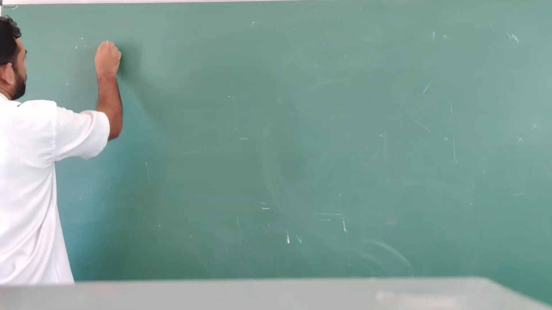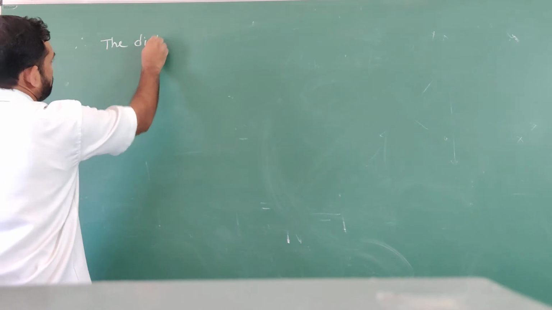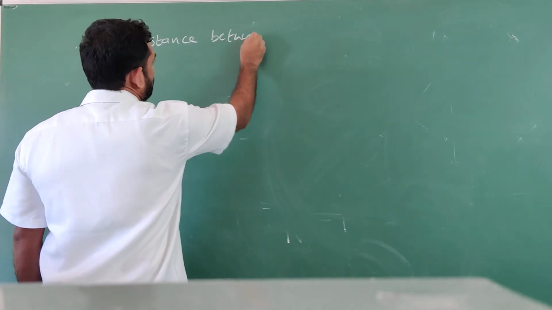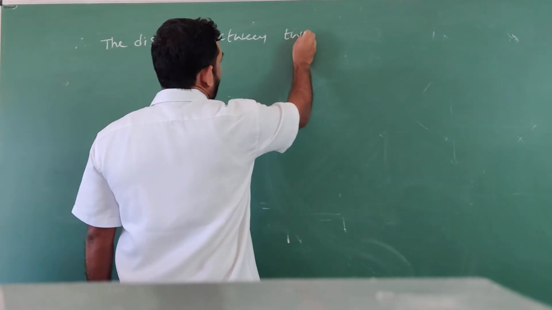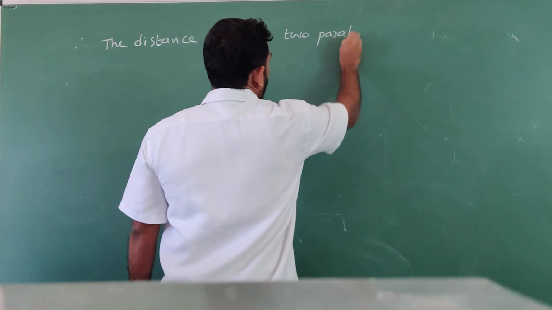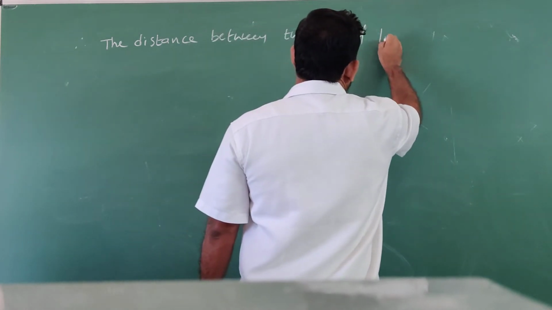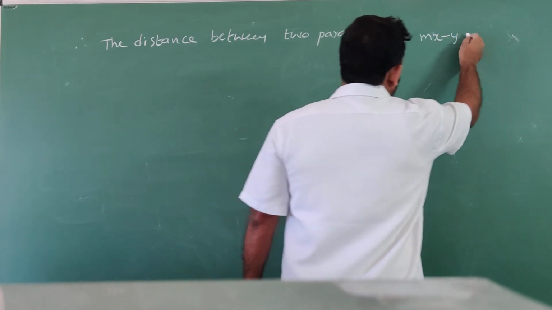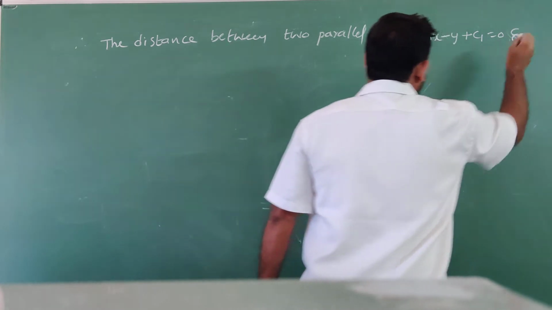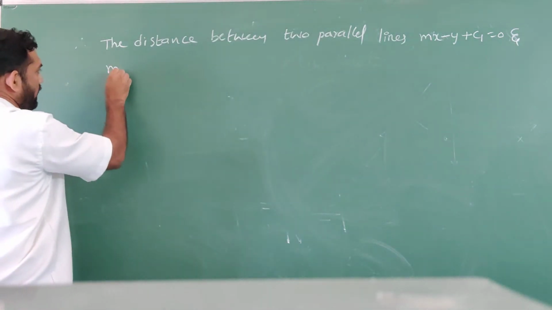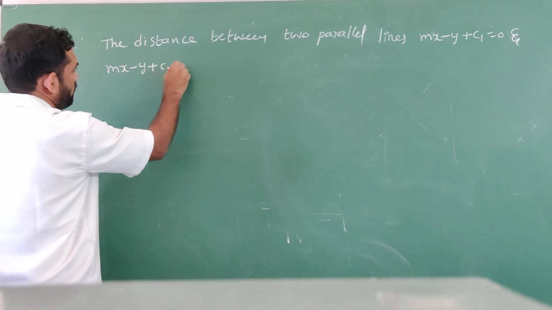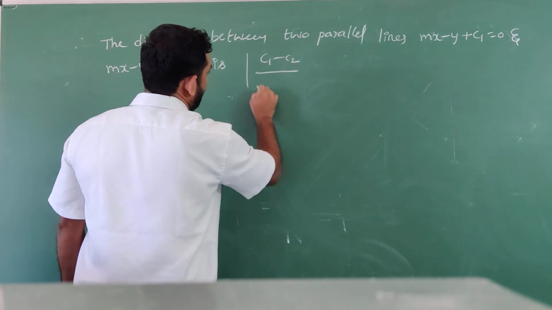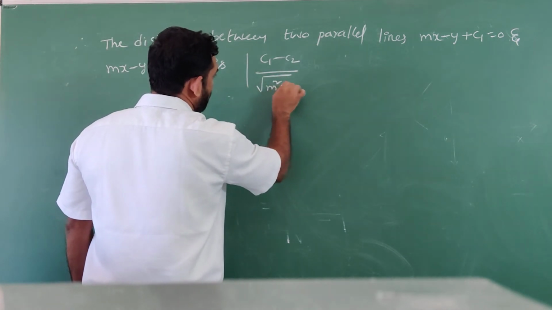Now conclusion: the distance between two parallel lines mx minus y plus c1 equal to 0 and mx minus y plus c2 is equal to 0 is modulus of c1 minus c2 divided by root over m square plus 1.